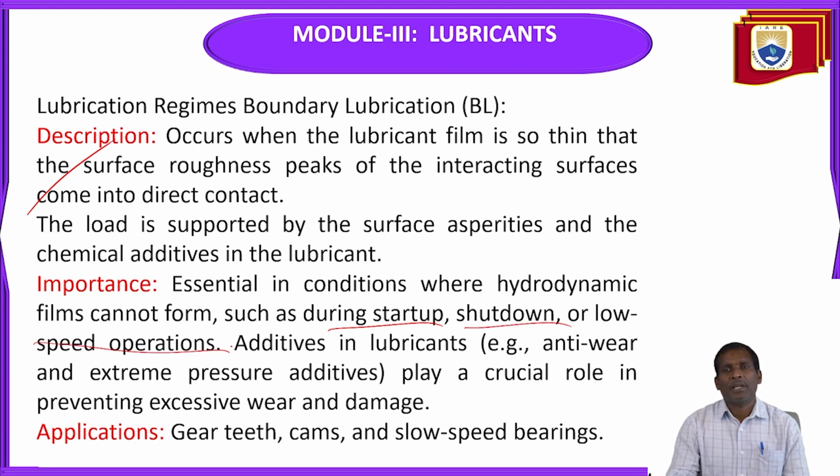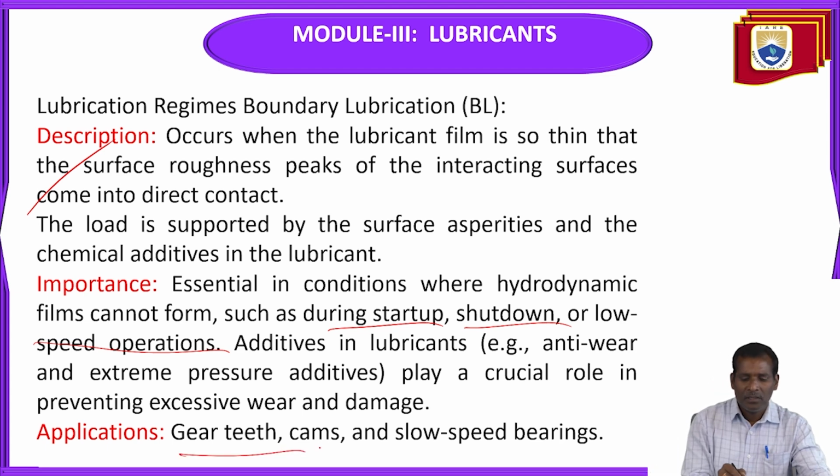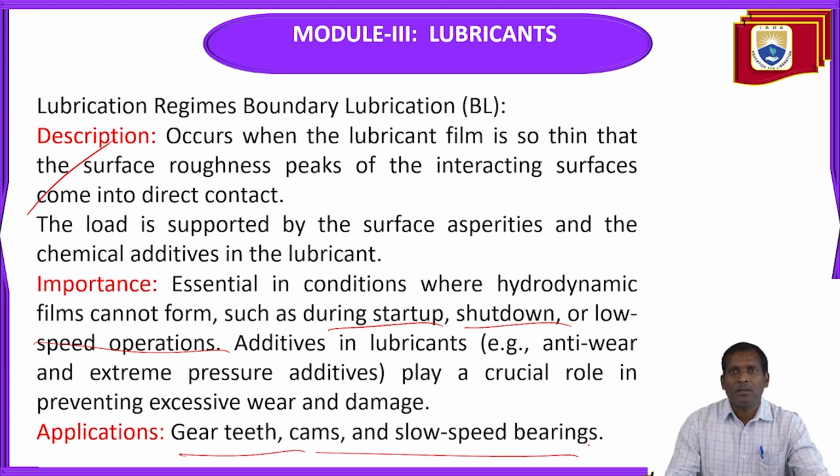The additives in lubricants, like anti-wear and extreme pressure additives, play a crucial role in preventing excessive wear and damage. The applications are gear teeth, cams, and slow speed bearings.